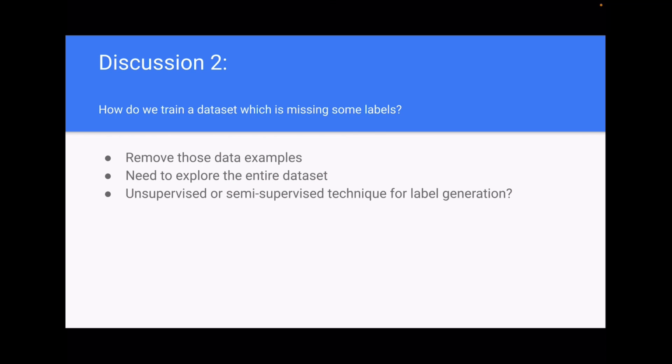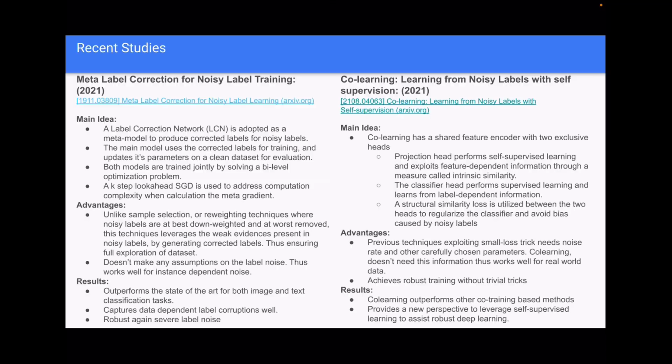We would want to exploit any and all information available in the dataset, so we want to explore the entire dataset. Another member suggested that maybe there could be some unsupervised or semi-supervised technique for label generation. And in fact, after some research, we found several techniques which do label correction and also label generation. I will present some of those papers right now.